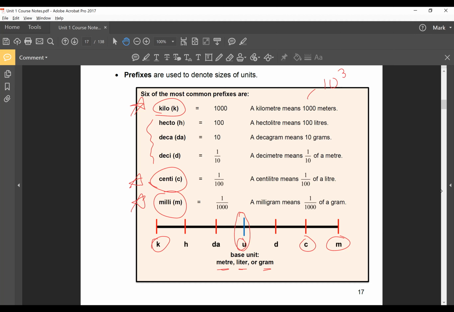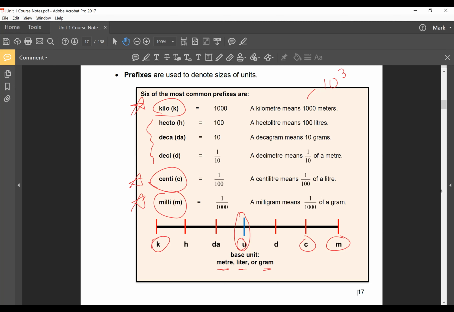The sizes of our units are all multiples of 10, which makes life easy, because instead of using complicated conversion factors, like changing from pounds to grams, which is not a nice number like 10, the metric system is a little bit more efficient. It's certainly easier to remember than the imperial system.